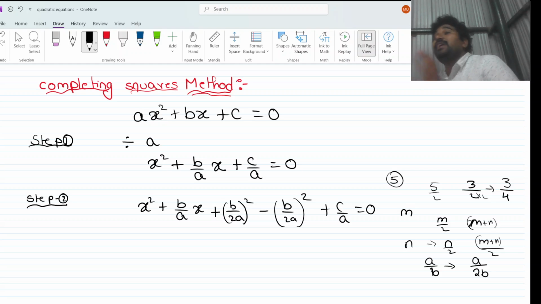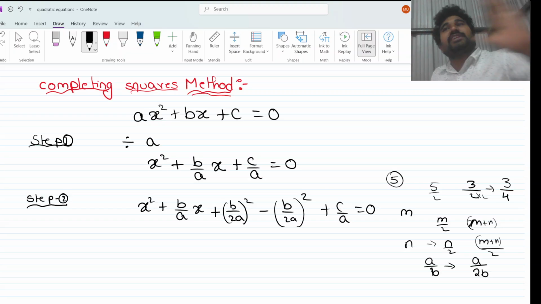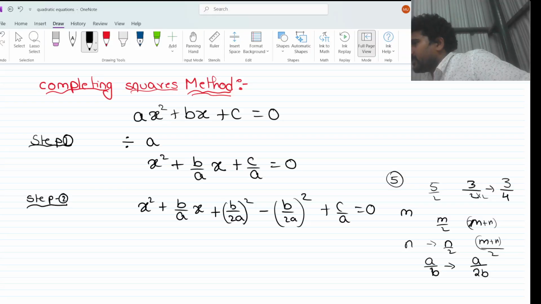I added something and subtracted it as compensation. Otherwise mathematics will not accept. Is that clear? If I add something, I should suddenly compensate by subtracting it. What did I add? Half of the coefficient of x.